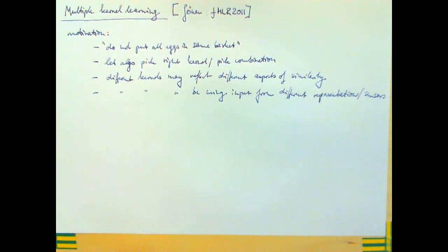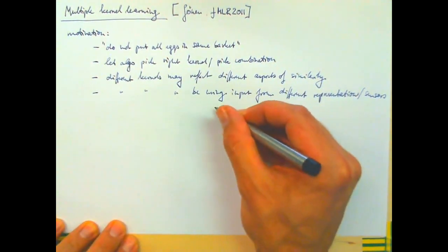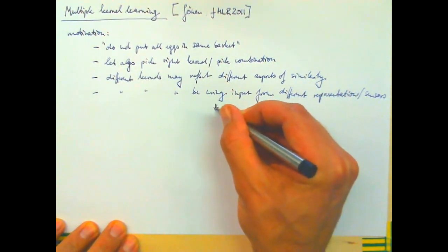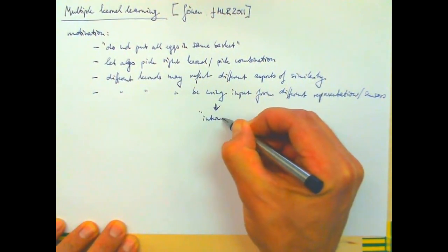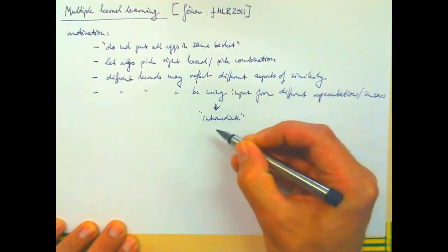And if that is the case, that you're combining data from different representations, then this has also been called an intermediate combination.